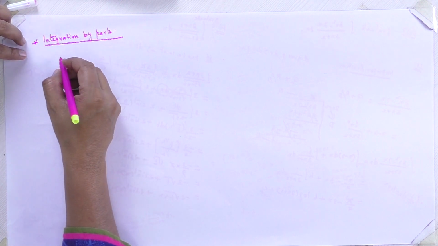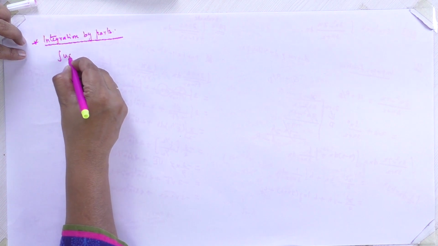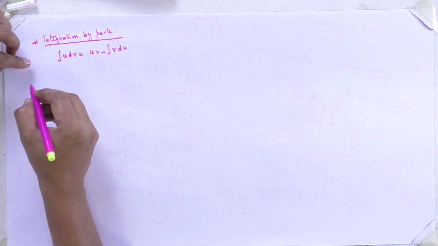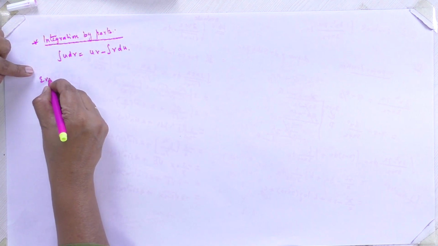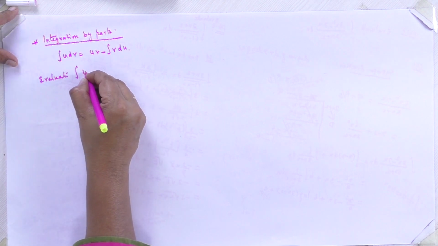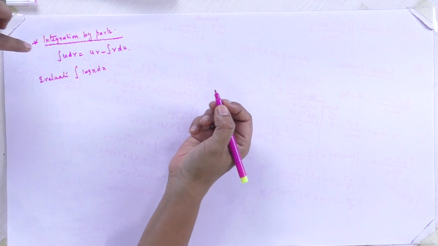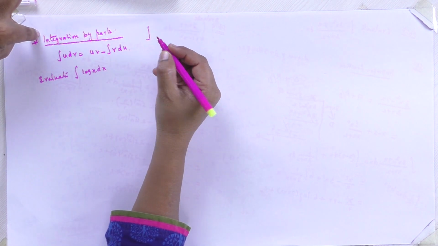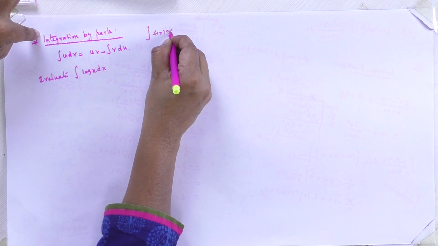The formula for integration by parts is integral u dv equals uv minus integral v du. If the problem is of the form integral f of x or log x into dx, so this method is used when the problem has a combination of functions f of x and g of x, one function multiplied with another function.